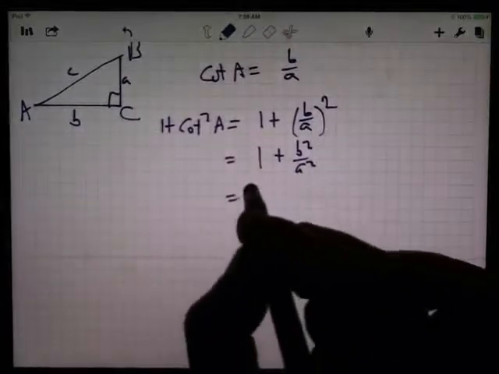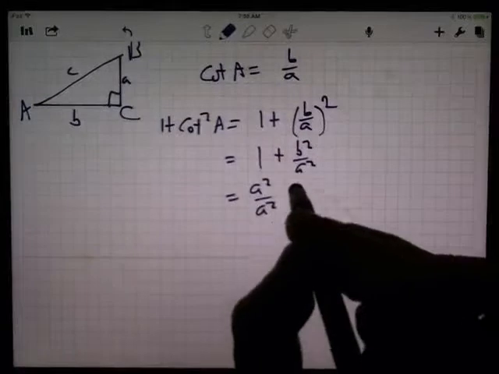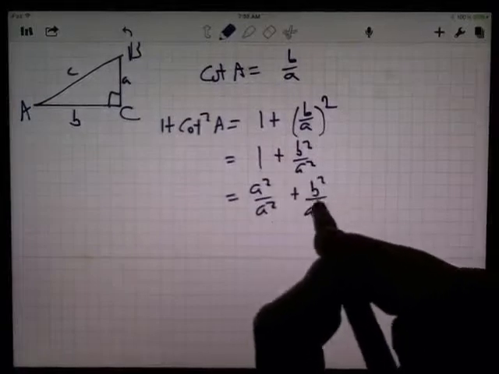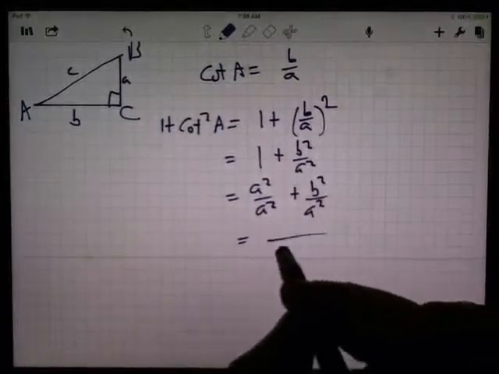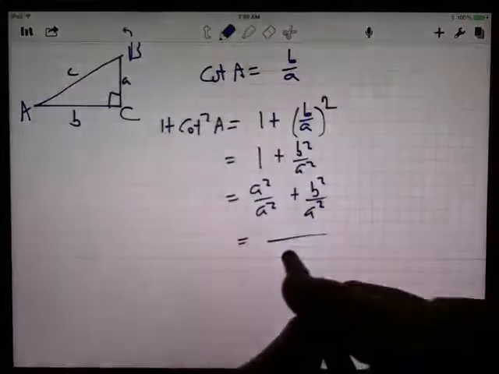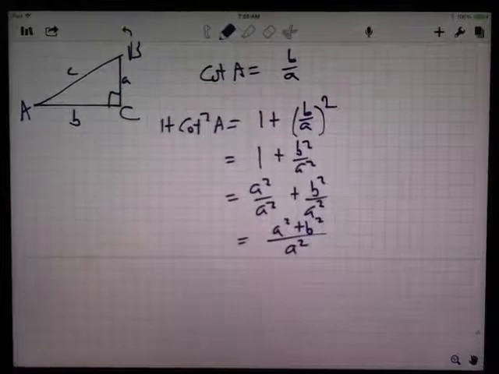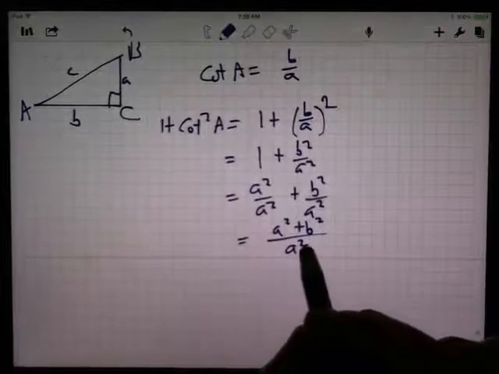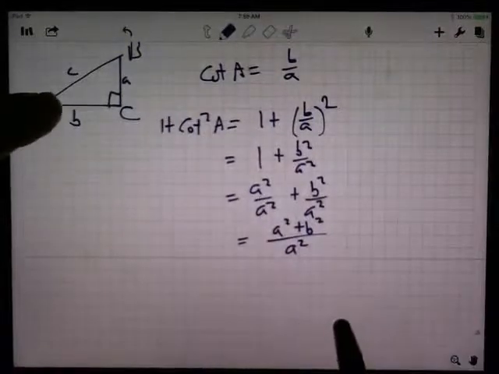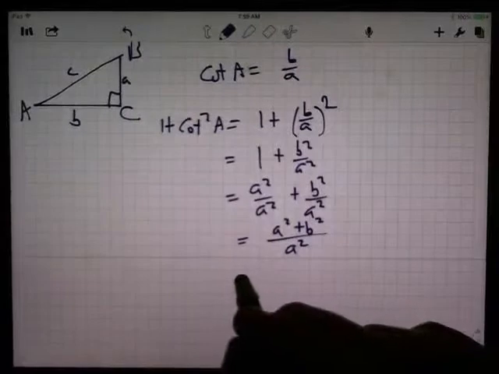Getting a common denominator here, write that 1 as A squared over A squared. And look what's happening to the numerator again. I got an A squared on the bottom, and I've got an A squared plus B squared on the top. A squared plus B squared in this triangle is C squared.